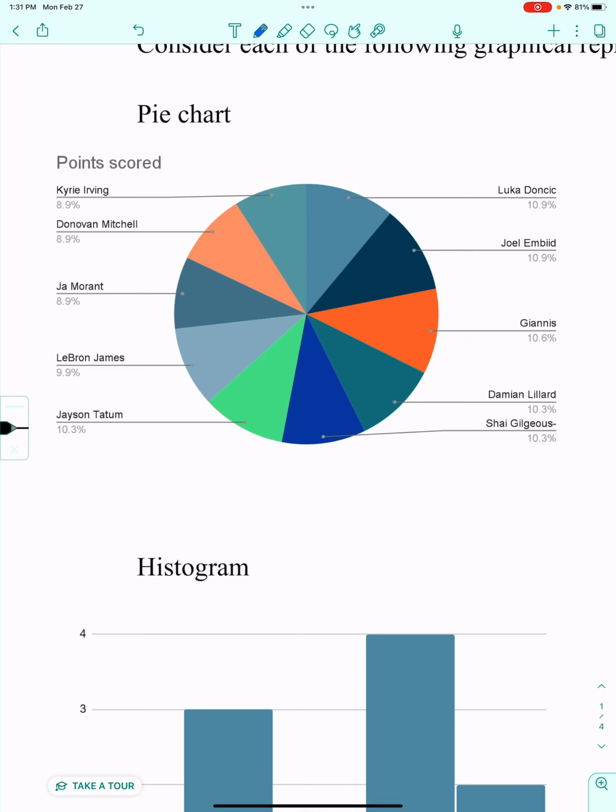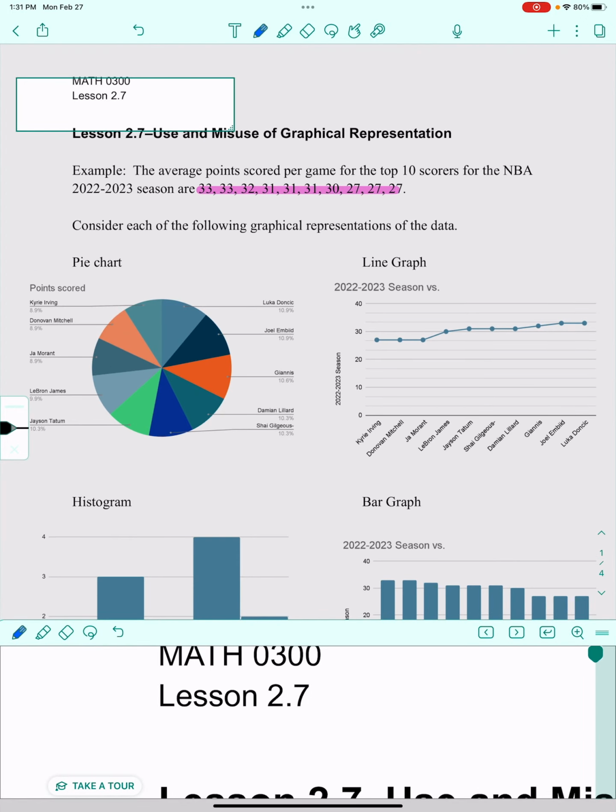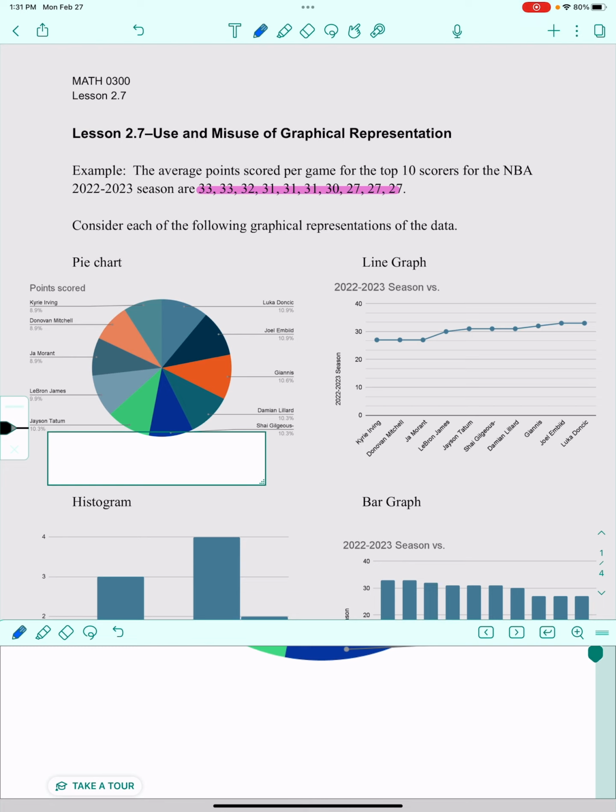Looking at the pie chart, there's not one section of the pie chart that stands out as being the top high scorer or the lowest high scorer. So that might be something to think about when we are talking about using a pie chart.